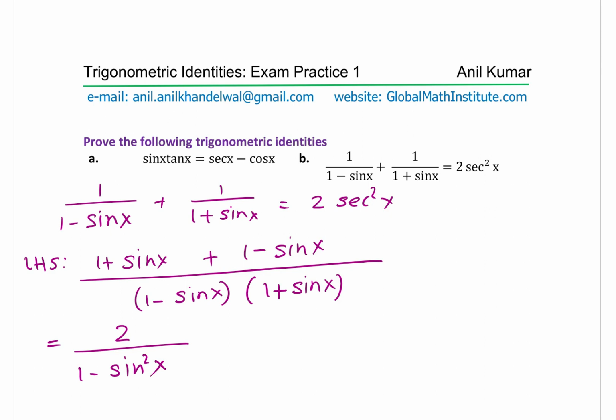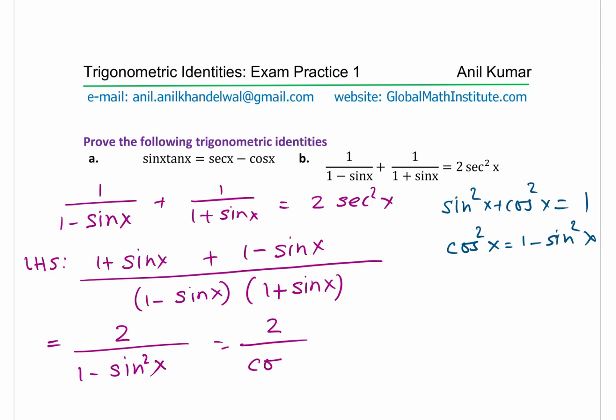You've seen that many times we are working with this particular formula, which is sine square x plus cos square x equals 1. It can be written in many different ways. So we have seen that cos square x equals 1 minus sine square x. So the denominator is actually cos square x, and 1 over cos square x is secant square x. So we get 2 secant square x, and that is the right hand side.